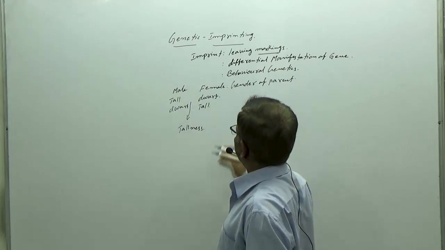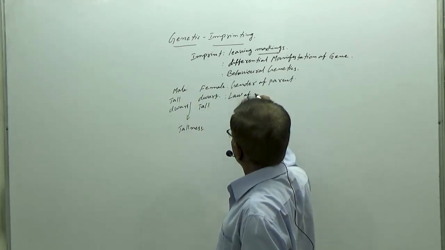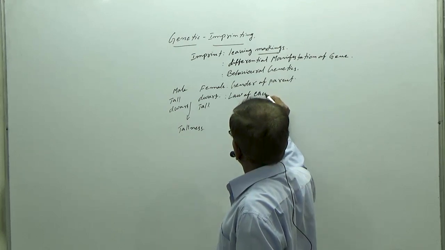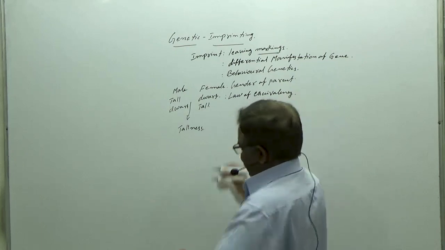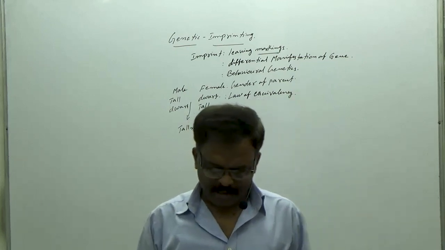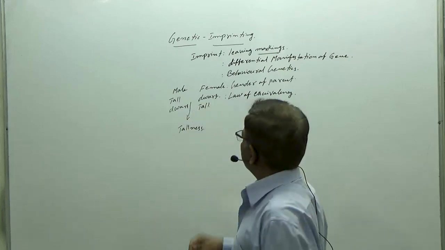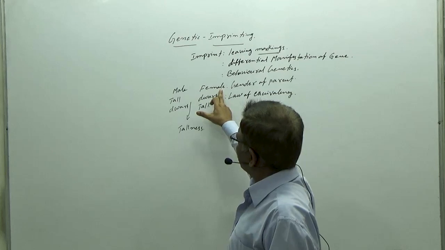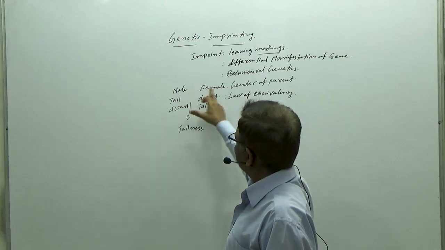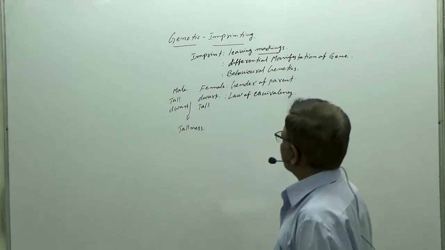That is known as law of equivalence. That means, if father tall, mother dwarf, or father dwarf, mother tall, in any case, children are tall.